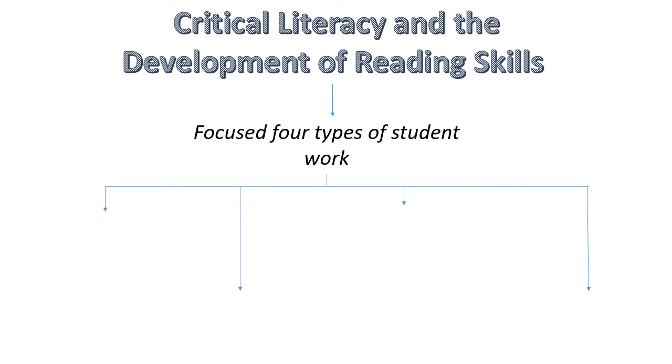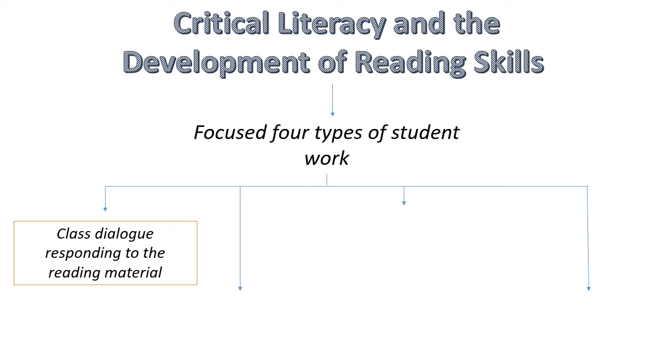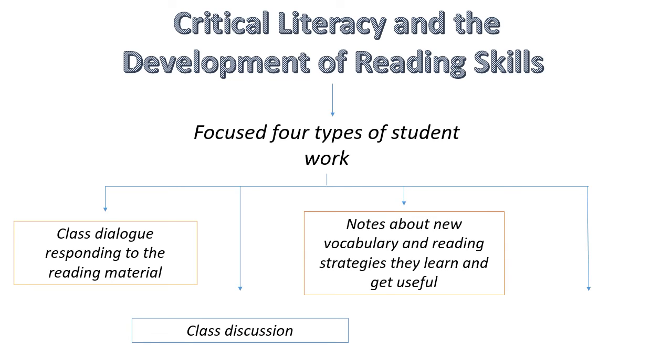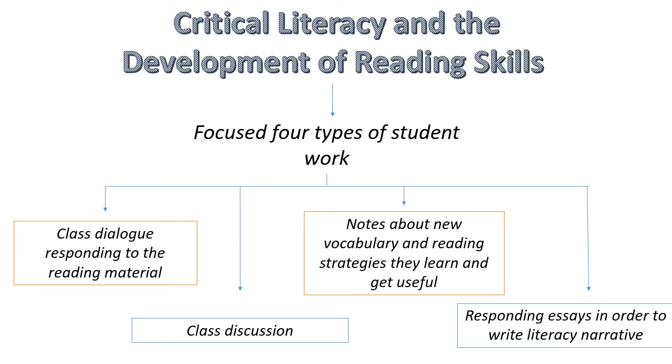Critical literacy and the development of reading skills focus on 4 types of students' work. One of them is class dialogue, responding to the reading material, class discussion, notes about new vocabulary and reading strategies they learn and find useful, and finally responding essays in order to write a literacy narrative.